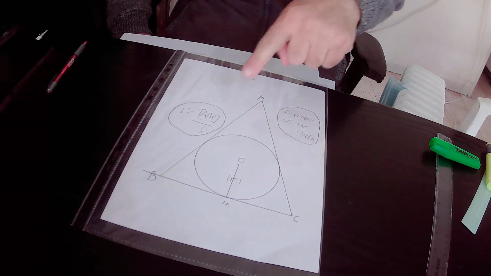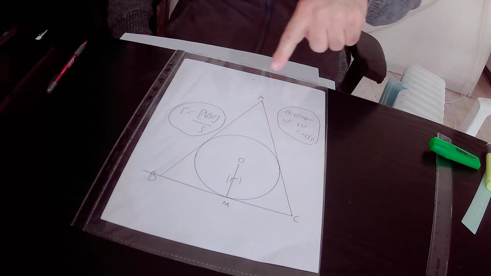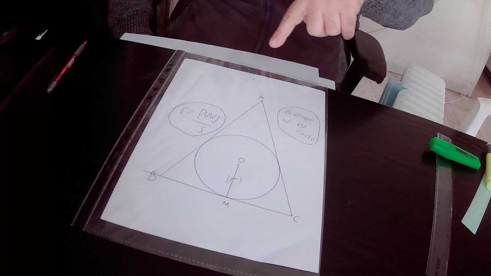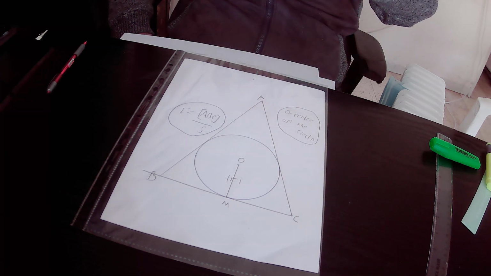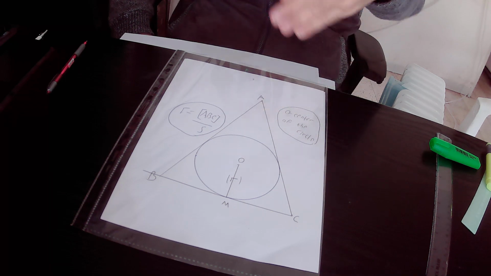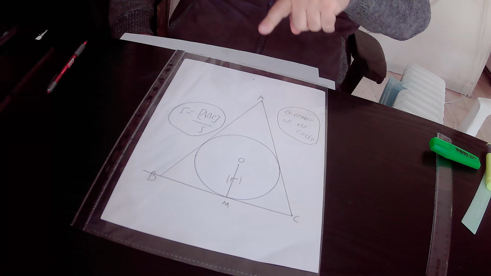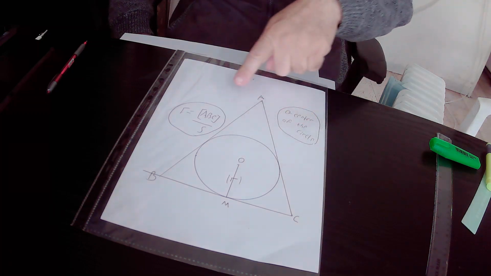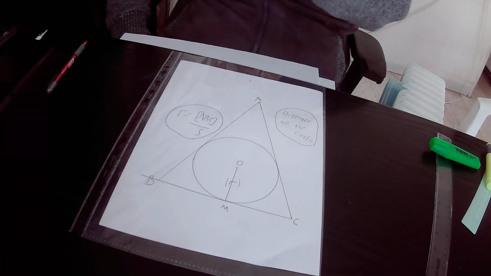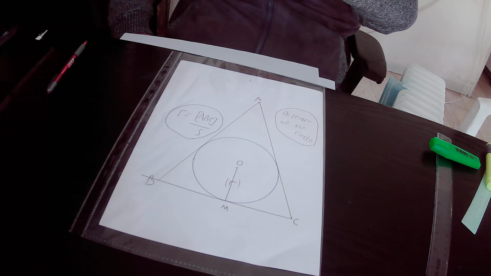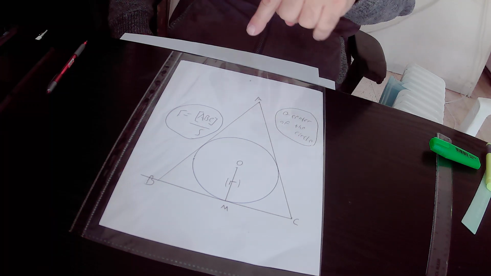Here we have a circle that is described by triangle ABC, or triangle ABC blocks this circle. So the radius R of this circle, according to rule number 15, will be equal to the area of triangle ABC over the semi-perimeter of triangle ABC. Again, the semi-perimeter equals the perimeter over 2.